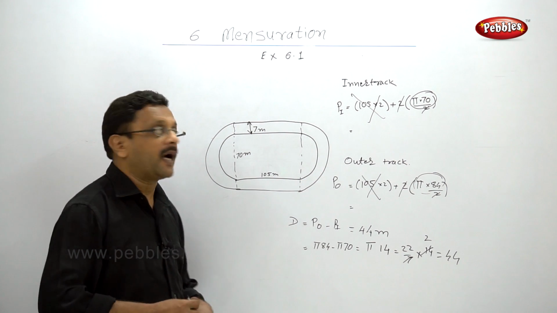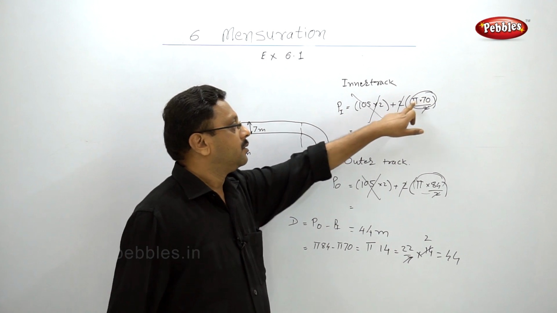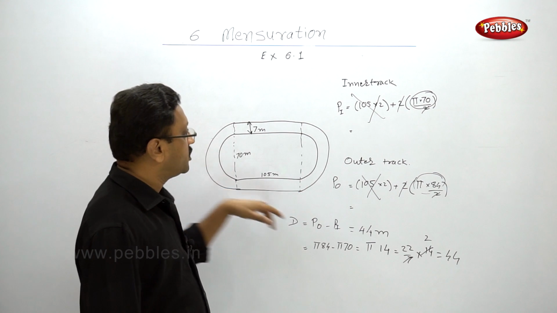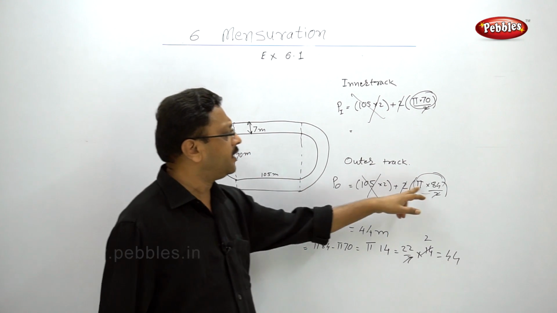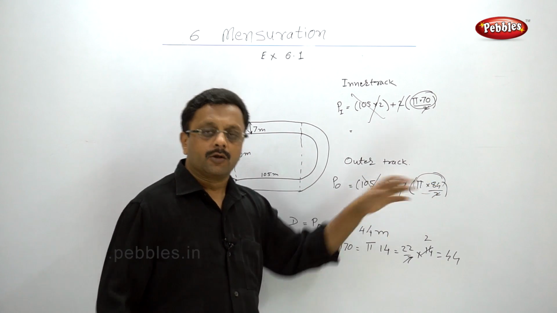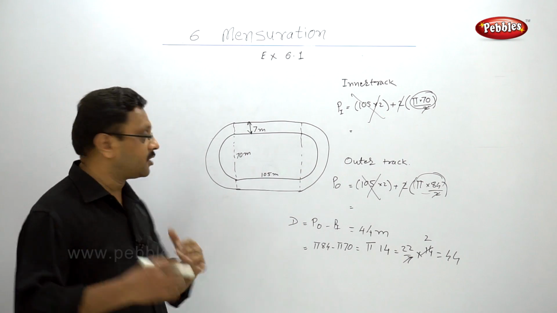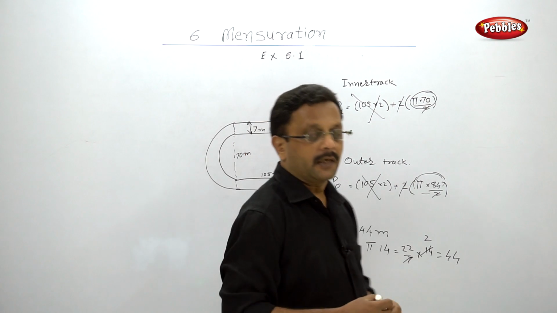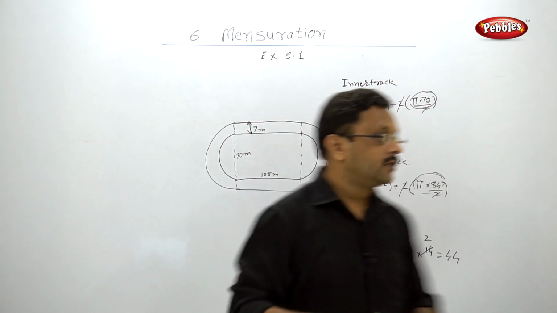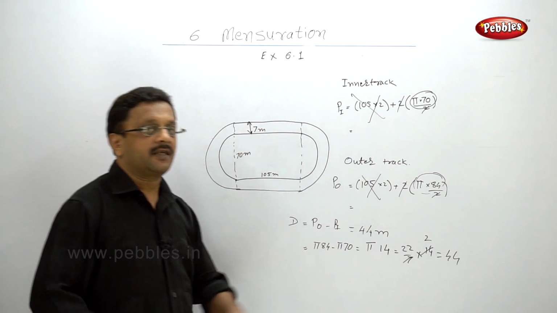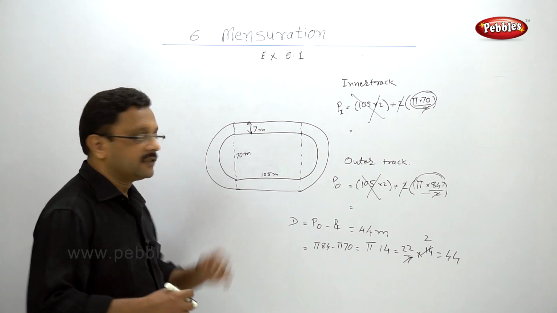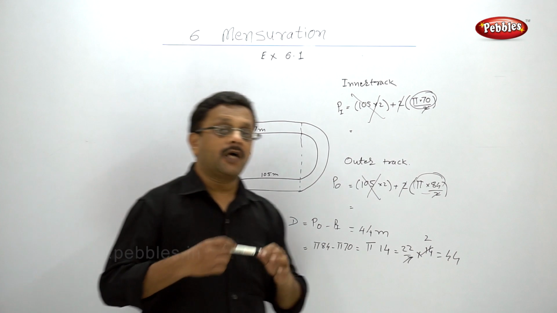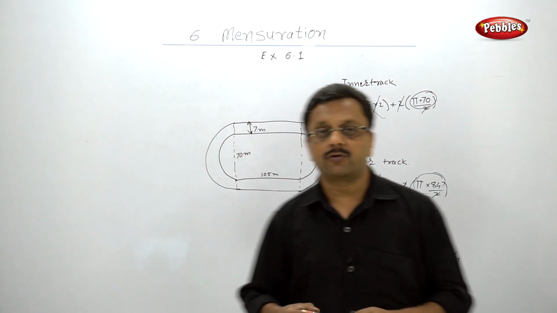So the perimeter is pi d, and in the outer circle the perimeter is again pi d. So the difference is coming only on the circular path. Correct? So this is the fastest and smartest method to solve this example. I have taken this example specifically because I knew how we were going to solve it.